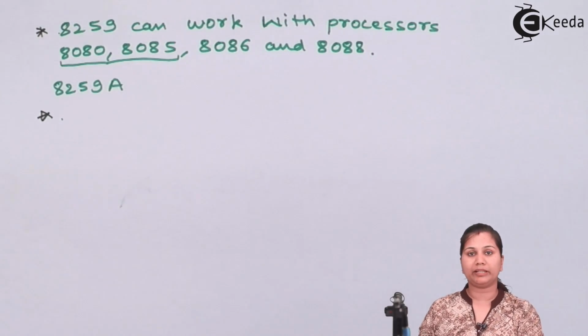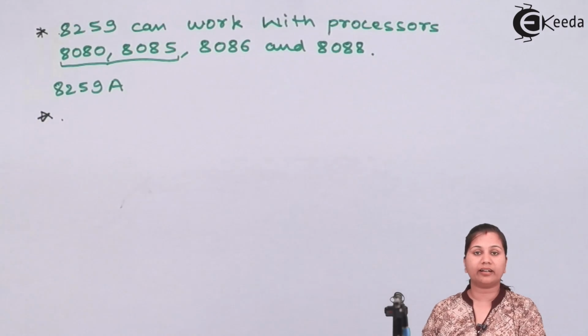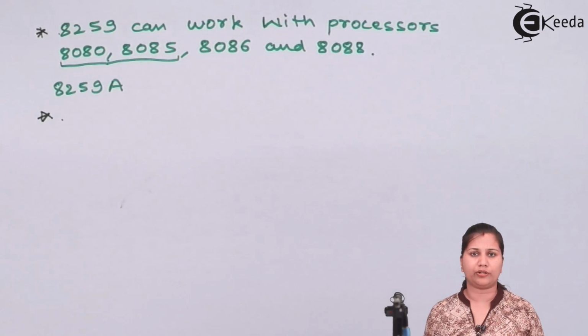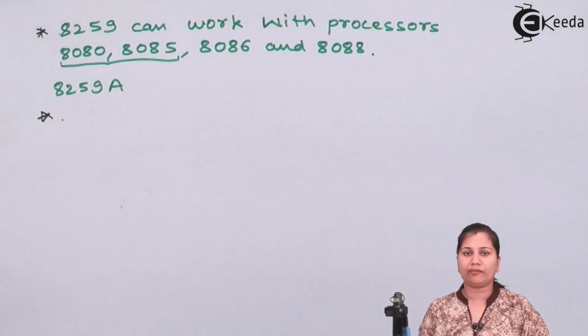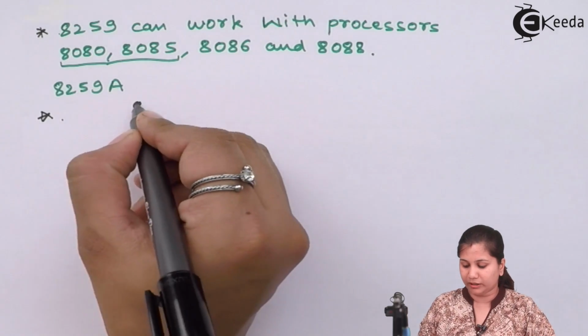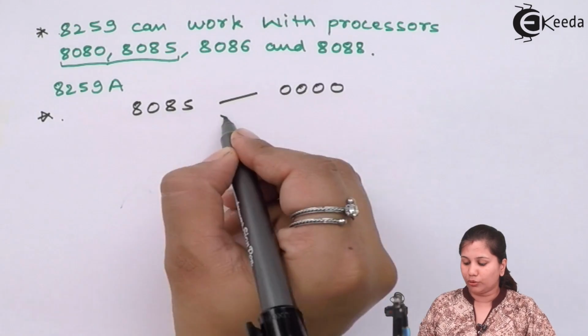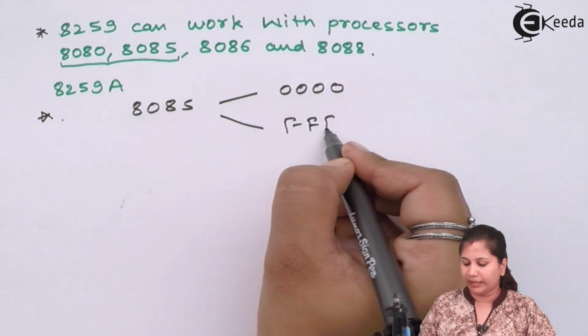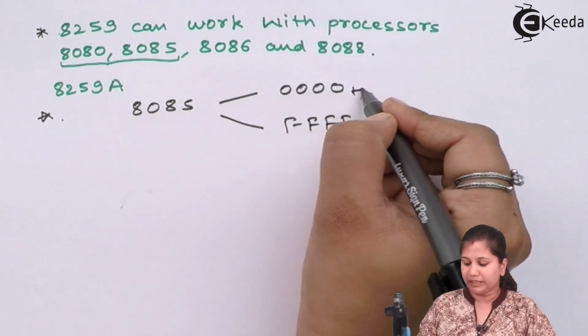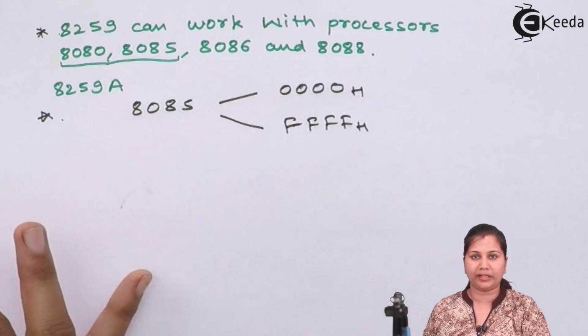Now this Programmable Interrupt Controller can set the address of the interrupt request on any memory location. For 8085, suppose we have memory locations from 0000 to FFFF. This is the complete memory of 8085.